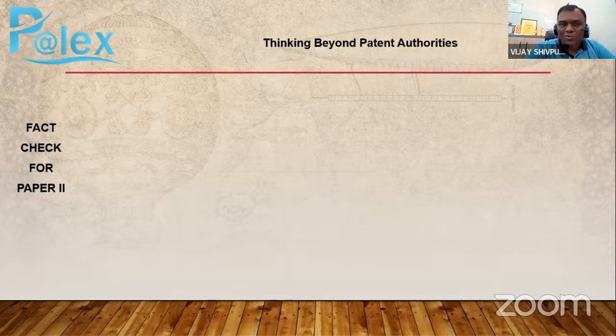What are those authorities? You must know these authorities, what their function is, and how they are directly connected with the patent office. That is also very essential for you to understand.